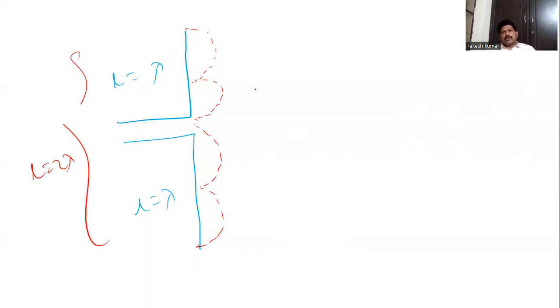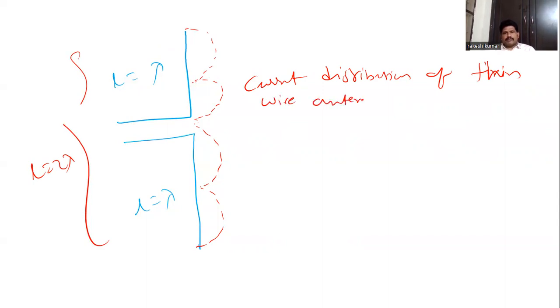Like this, you can sketch the current distribution of a thin wire antenna of any length, that may be L is very less than lambda, or L is equal to lambda, or L is equal to 2 lambda.